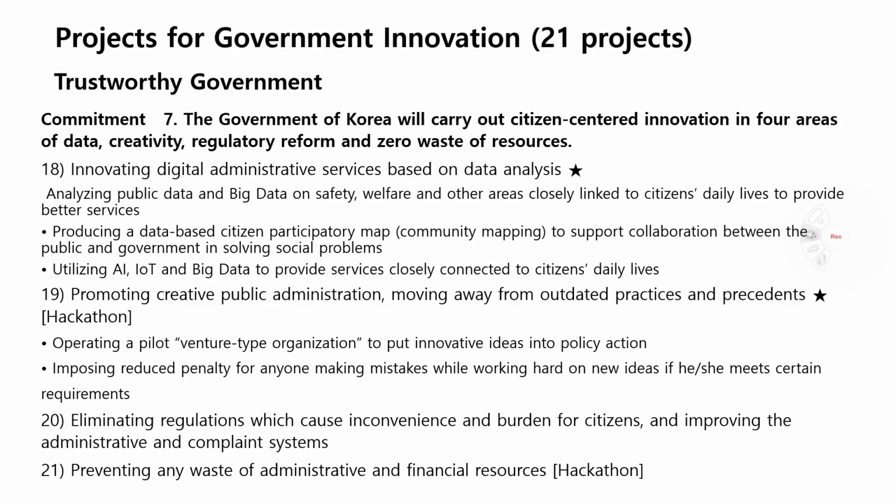Analyzing public data and big data on safety, welfare, and other areas closely linked to citizens' daily lives to provide better service. Producing a citizen participatory map database to support collaboration between the public and the government in solving social problems. Utilizing AI, IoT, and big data to provide service closely connected to citizens' daily lives.